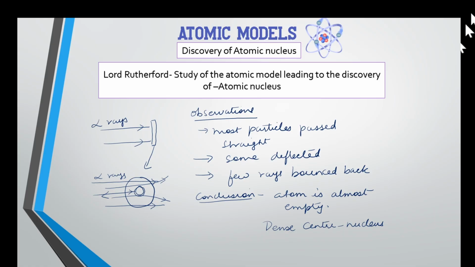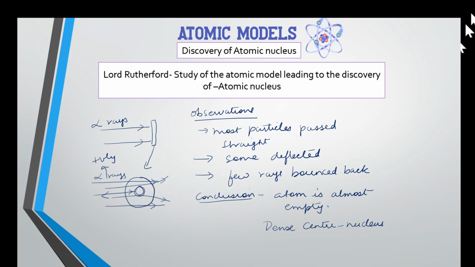That is why it leads to the deflection of alpha particles, because alpha particles are also positively charged. So when these positively charged particles try to enter the core, they get deflected because the central core has positive charge and it has a positive mass in the center.